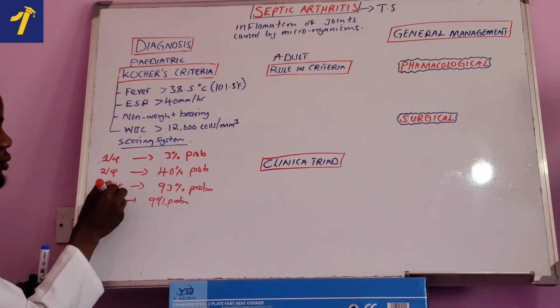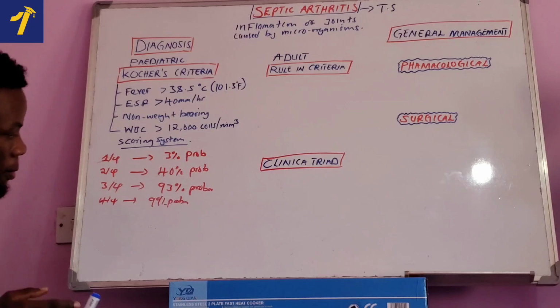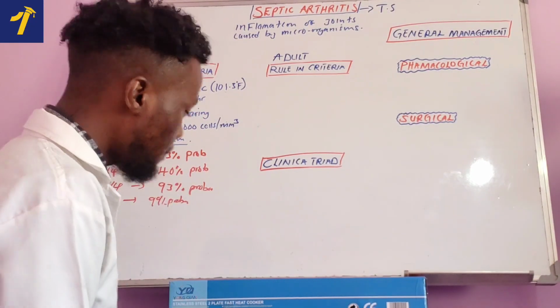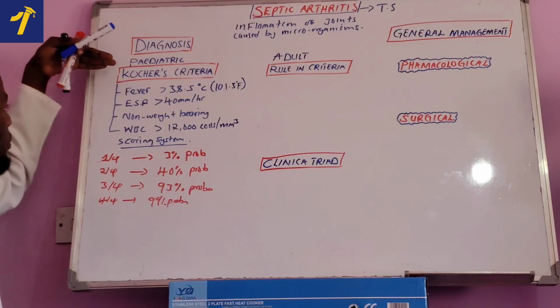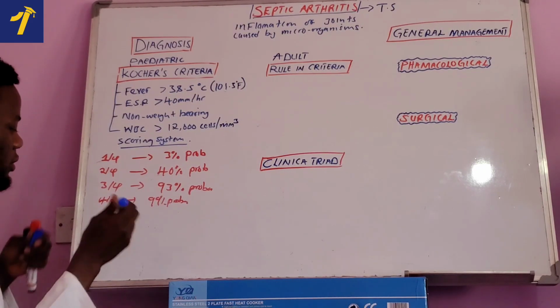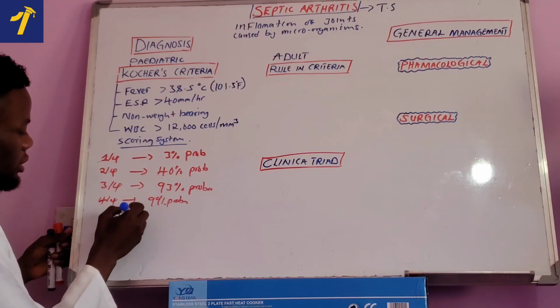Okay, make sure that you take note of that. Now, I need to add on something which is also important. There is also another modified criteria in pediatric patients. There was this scientist called Kider.